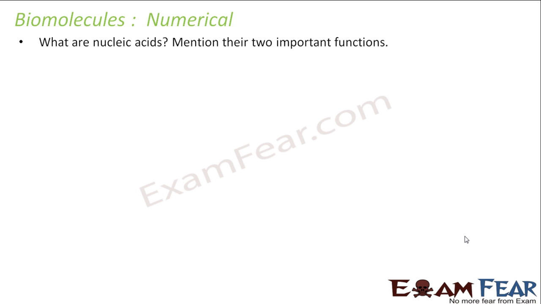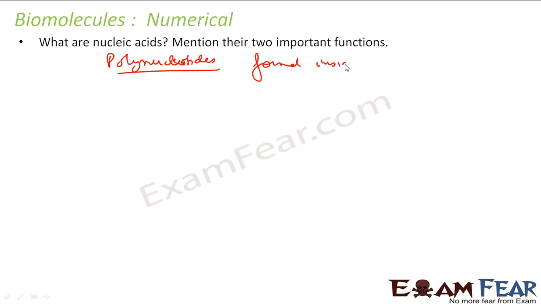What are nucleic acids and give their important functions? So nucleic acids are nothing but biomolecules found inside the nucleus of the living cell. That's why they are called nucleic acids, and they are polynucleotides. Why? Because a lot of nucleotides combine to form nucleic acid found inside the nucleus of the living cell.